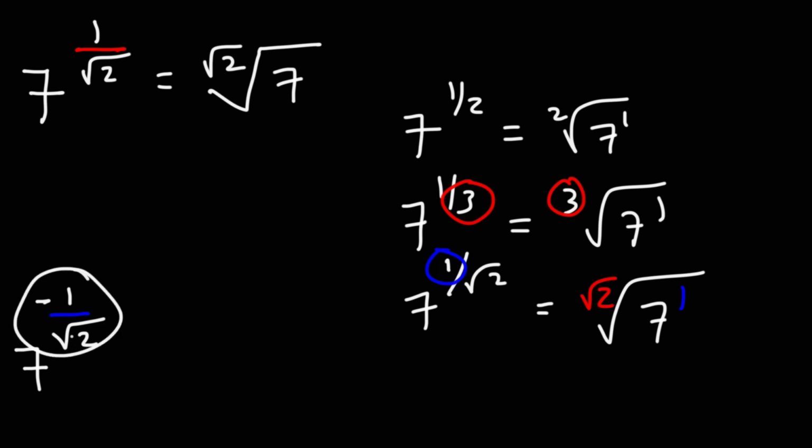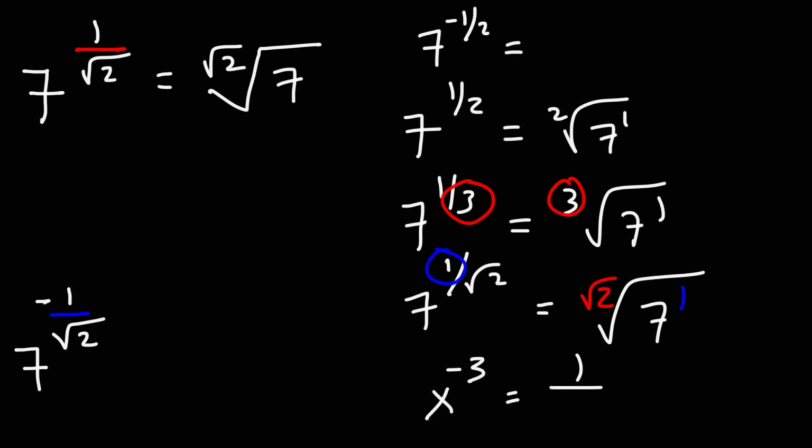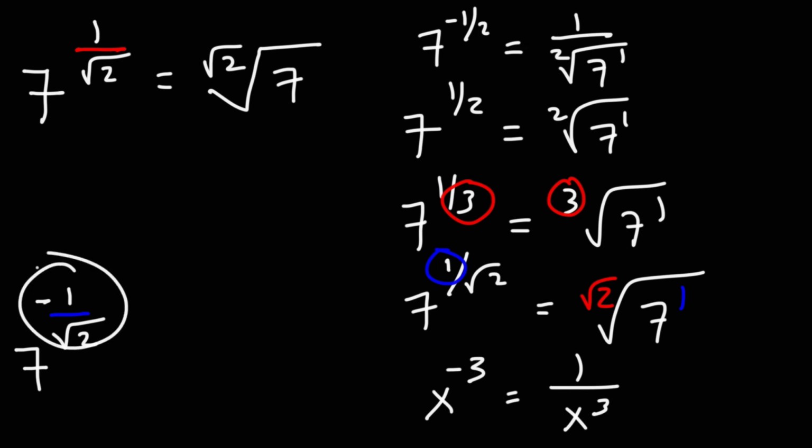Now, what if we have a negative sign? 7 raised to the negative 1/2, what is that? Well, x to the negative 3 is 1 over x cubed. When you have a negative exponent, to make it positive, you need to flip it over 1. So this is going to be 1 over the square root of 7. So having this negative exponent means that we're going to have the same answer, just it's going to be under 1.